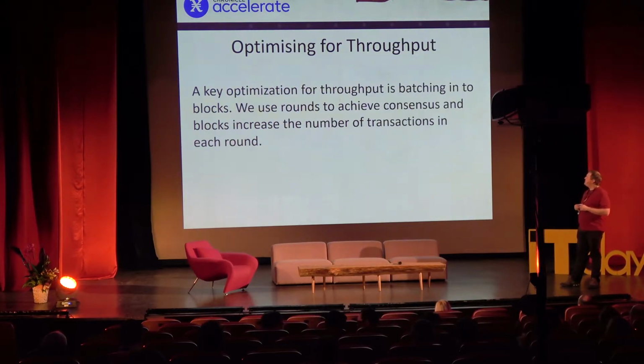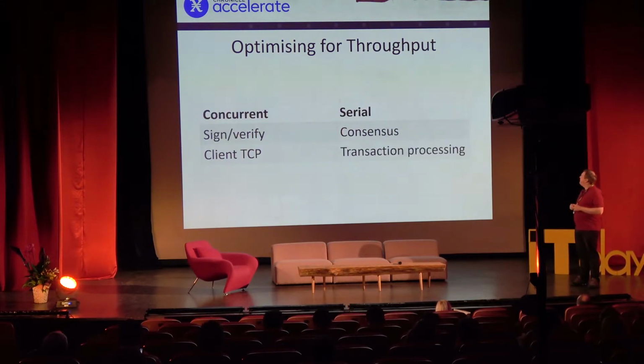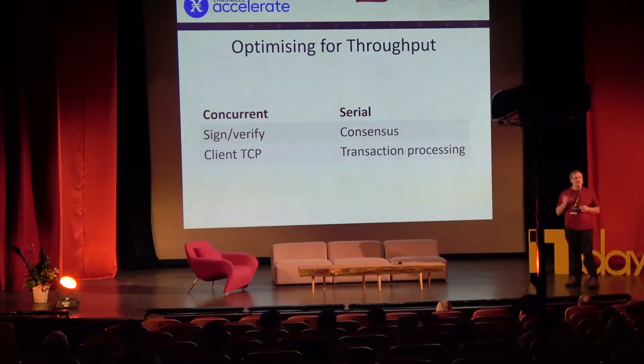As I mentioned, I very much designed this to optimize for throughput. By optimizing for throughput, I focus on what things can be done concurrently and what things need to be done serially. Anything that can be done concurrently is a parallel problem. You can push it across to more nodes or more CPUs.